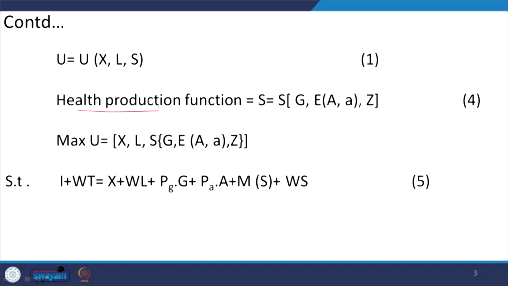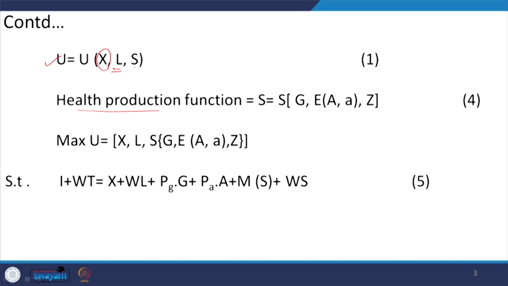So, what you have to understand? We know the utility function of a particular individual. I am just repeating that the utility function of a particular individual depends on the consumption he is making of X, Y, Z, whatever goods and services, and also the leisure time, that is, how many hours the individual is taking rest or doing recreation.